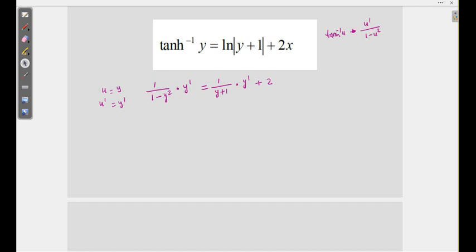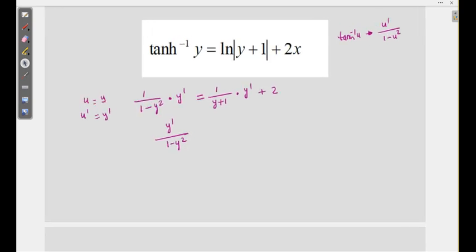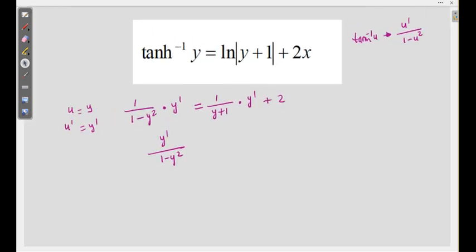So we have y prime all over 1 minus y squared equal to y prime all over y plus 1, then plus 2.